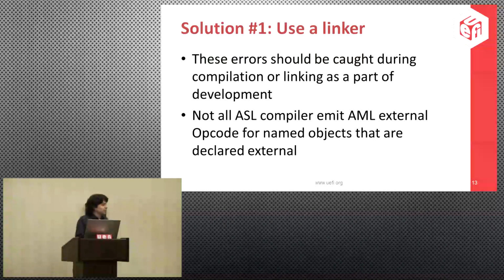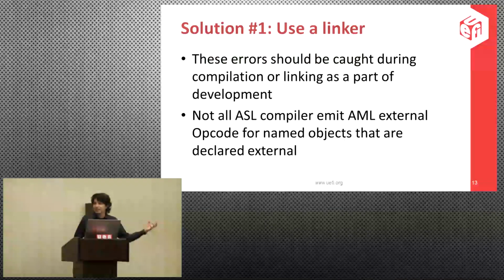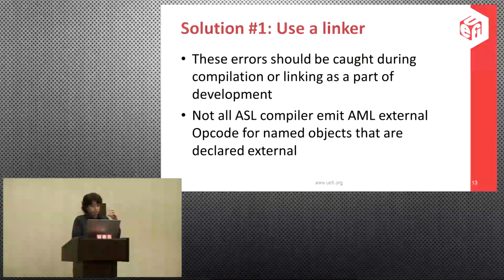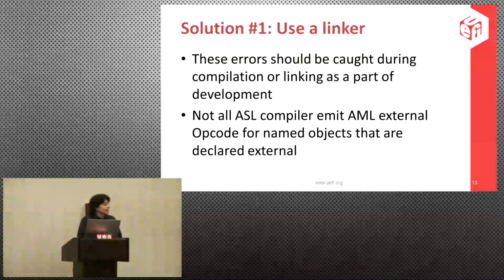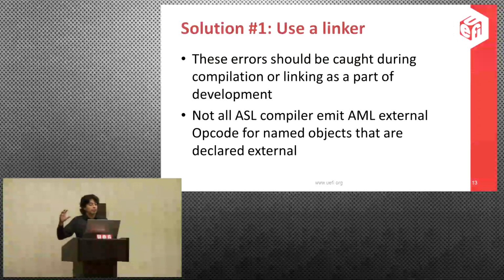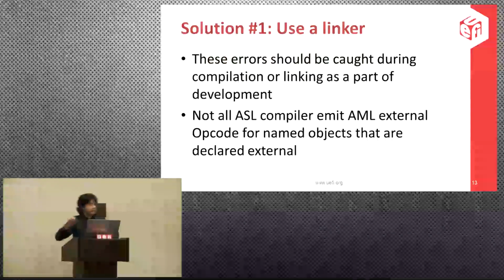So how can we solve this issue before we boot the operating system? One solution could be to use something like a linker. The whole idea with this is that we should be able to catch these errors during compilation as a part of linking, during development, right? But not all ASL compilers emit AML external opcodes for the named objects that are declared external.